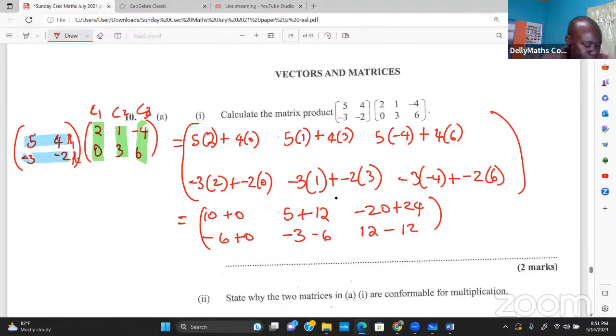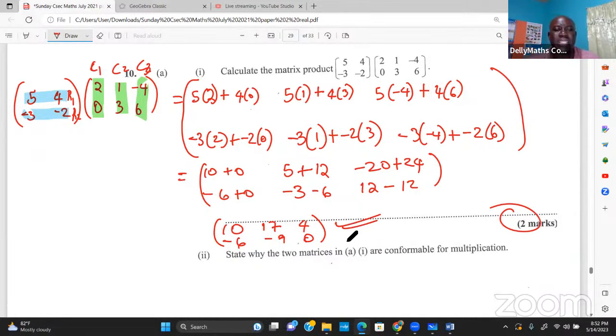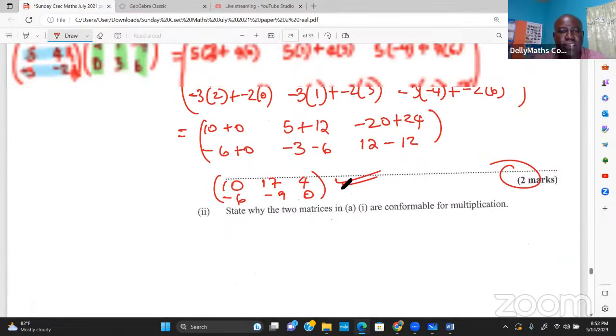Here's my answer: 10, 17, 4, -6, -9, 0. There go 2 marks. So it's just a matrix multiplication. You take your time, you do it. Nothing much to do, but this is what you have to do.